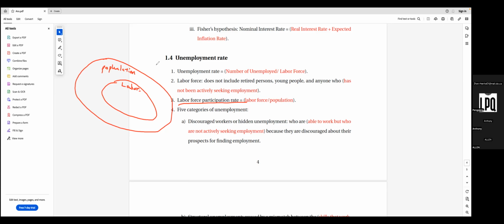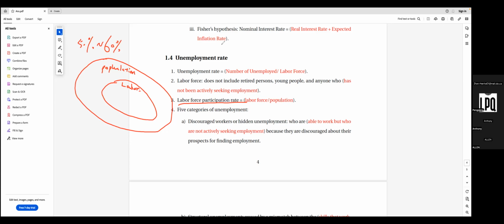Averagely speaking, you can really Google the data. In today's world, the international average is roughly 50% to 60%. This is the real data. Six out of ten, on average, can be called labor force.